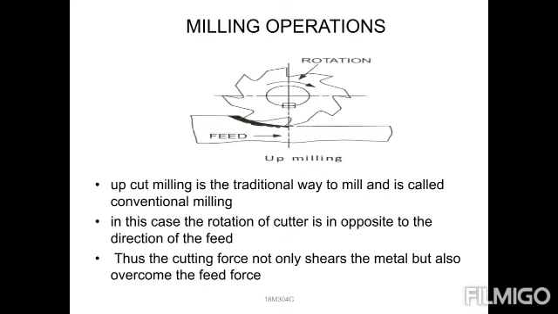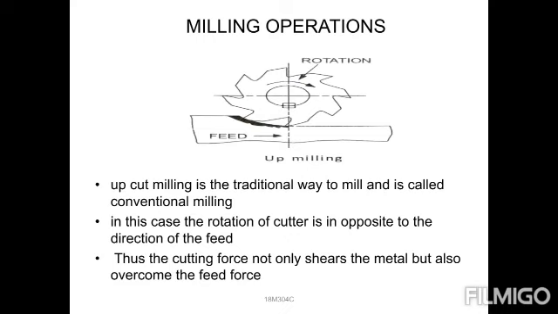Up cut milling and slab milling are nothing but a maximum amount of work area being contacted between the workpiece and the cutting tool. Both are in contact to the maximum extent, and at the same time material is removed from the workpiece.